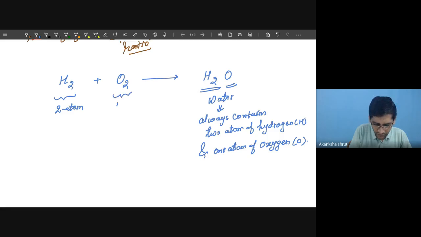It is one atom, sorry, two atoms of what? It is of oxygen, student. It is two atoms of hydrogen, student.